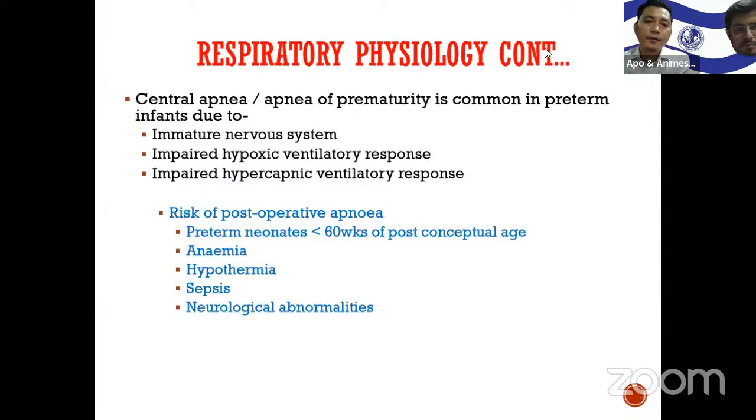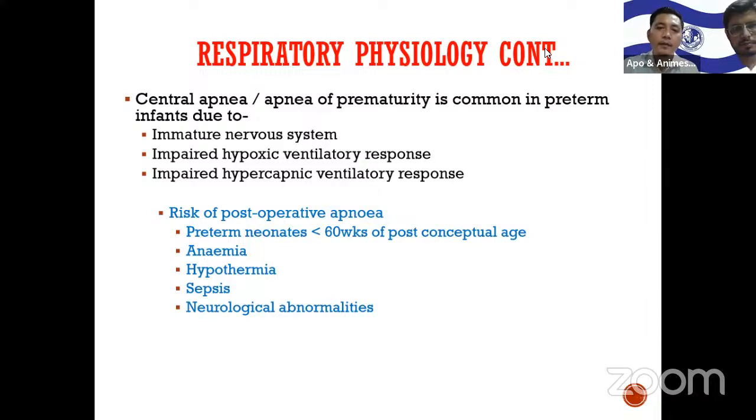Central apnea, or apnea of prematurity, is common in preterm infants. It is due to an immature nervous system, impaired hypoxic ventilatory response, and impaired hypercapnic ventilatory response.